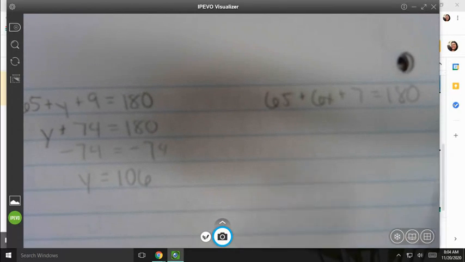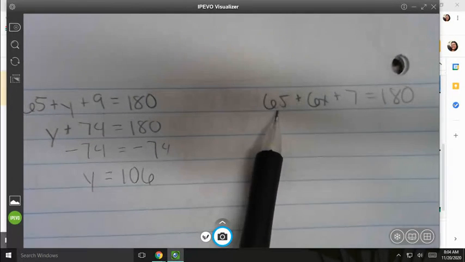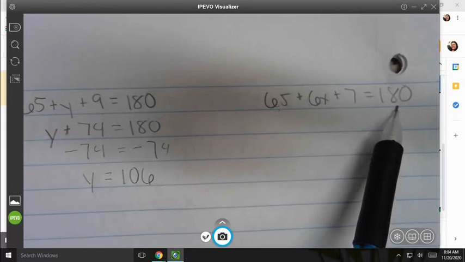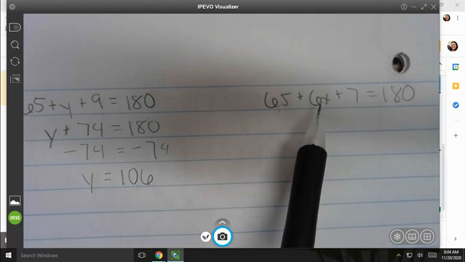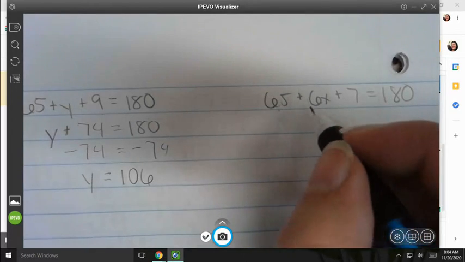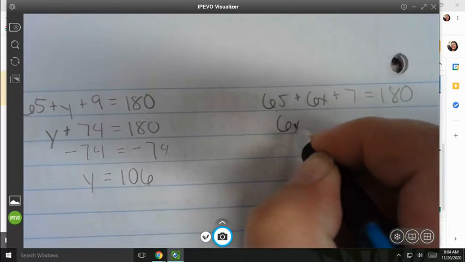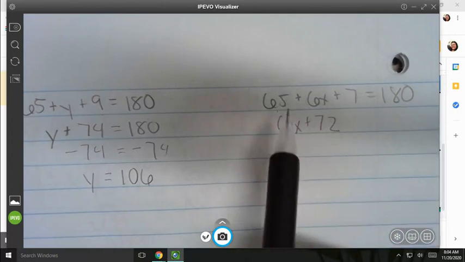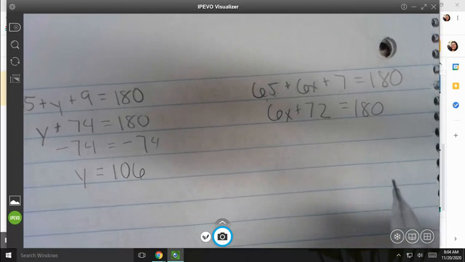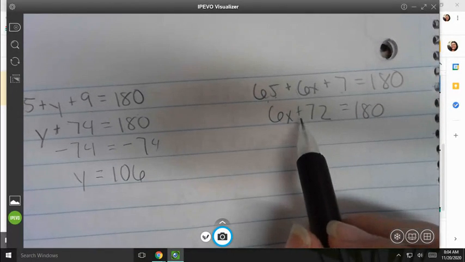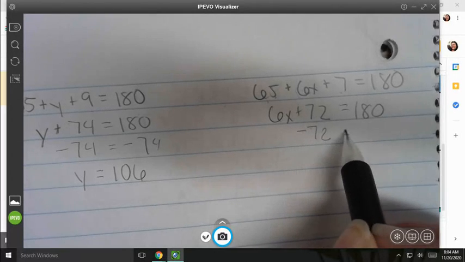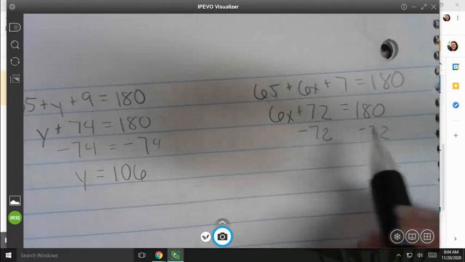Now we're going to solve for x. So we have our acute angle plus our obtuse angle equals 180 degrees. Our first thing that we want to do is combine our like terms. So we have 6x plus 72, because 65 plus 7 is 72, equals 180 degrees. So what we want to do here is get rid of the 72, so minus 72 on both sides.